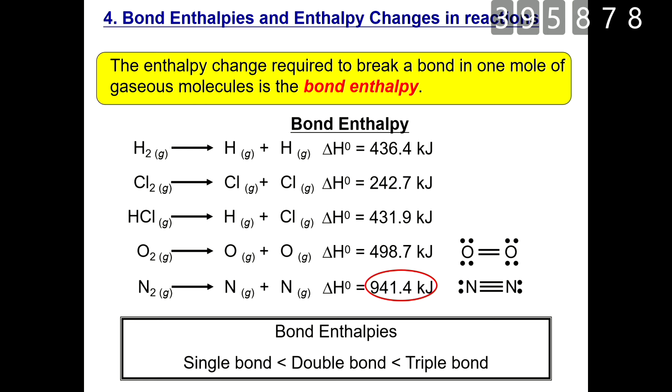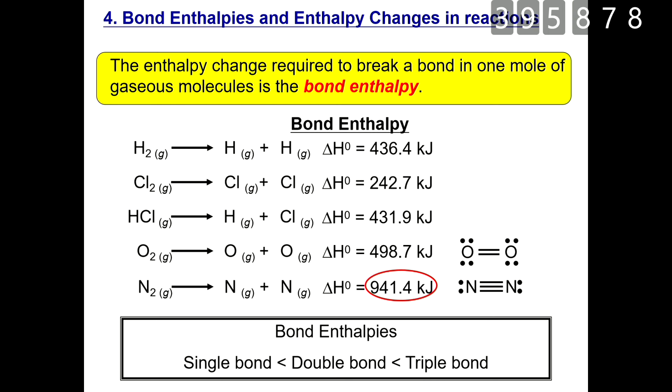This energy is called bond enthalpy. How do you get it? Basically from experiments. There are some special experiments to measure the enthalpy.